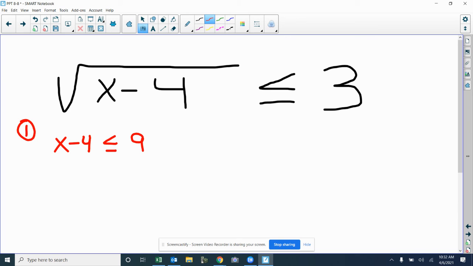So if I square both sides, I'm going to have x minus 4 less than or equal to 9, right? Not much going on with this one. I'm going to plus 4. So I'm going to have my part 1, x less than or equal to 13.